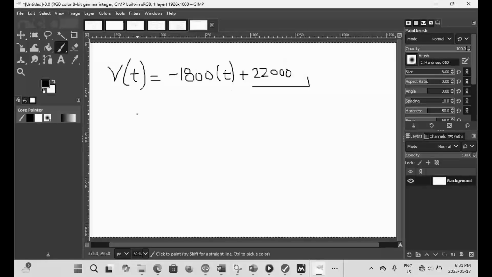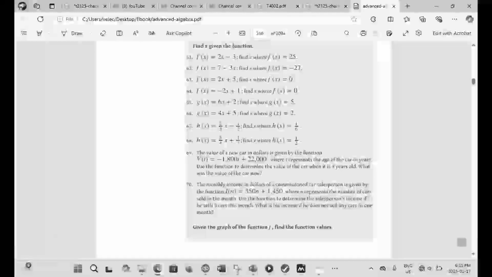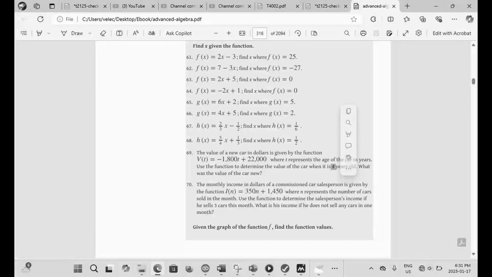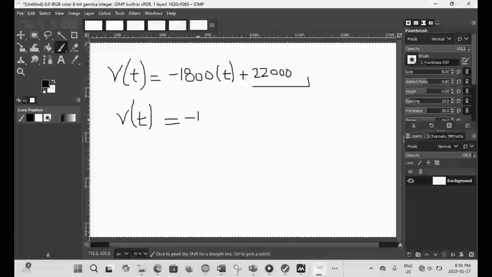So this will be v at t equals negative 1800 into 4. We need to figure out the value of the vehicle after 4 years. So negative 1800 into 4 plus 22,000.